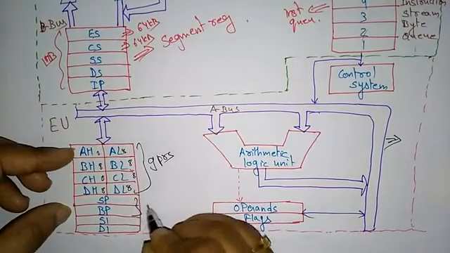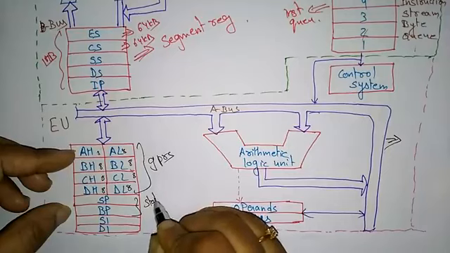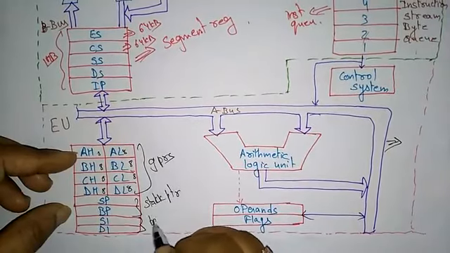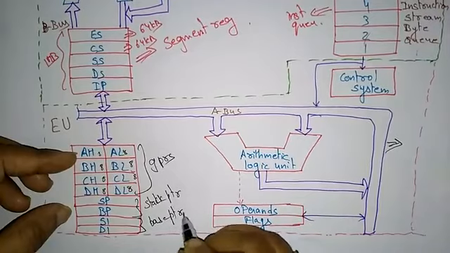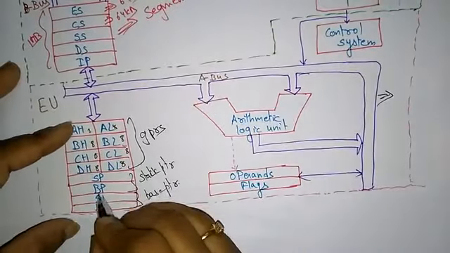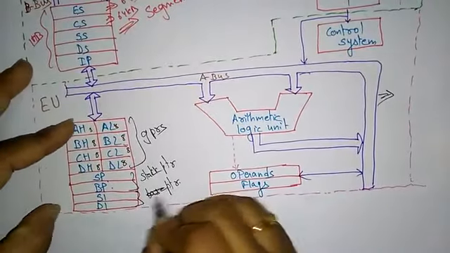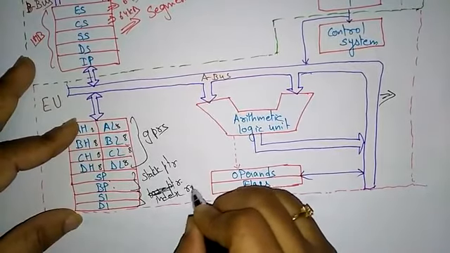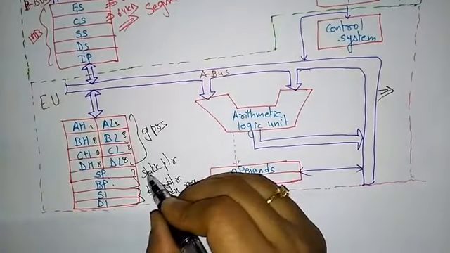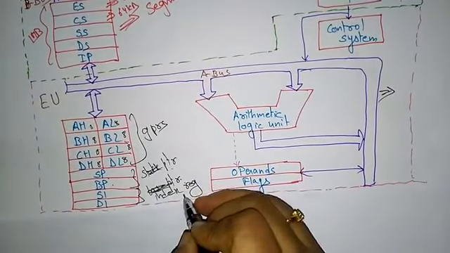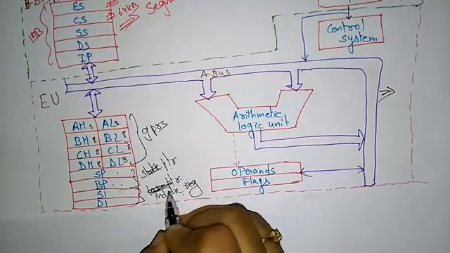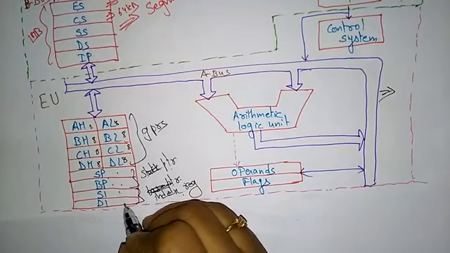These two are the stack pointer and base pointer, and these are the index registers. The pointer registers are 2, stack pointer and base pointer, and the index registers are 2, source index and destination index.